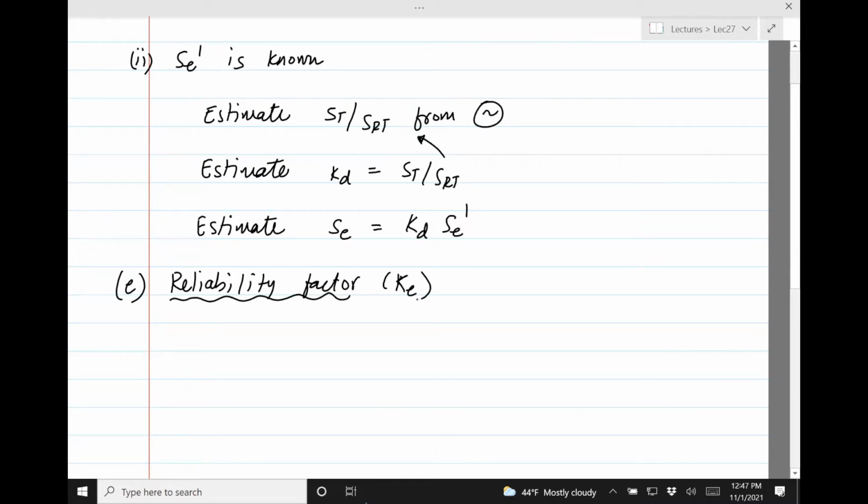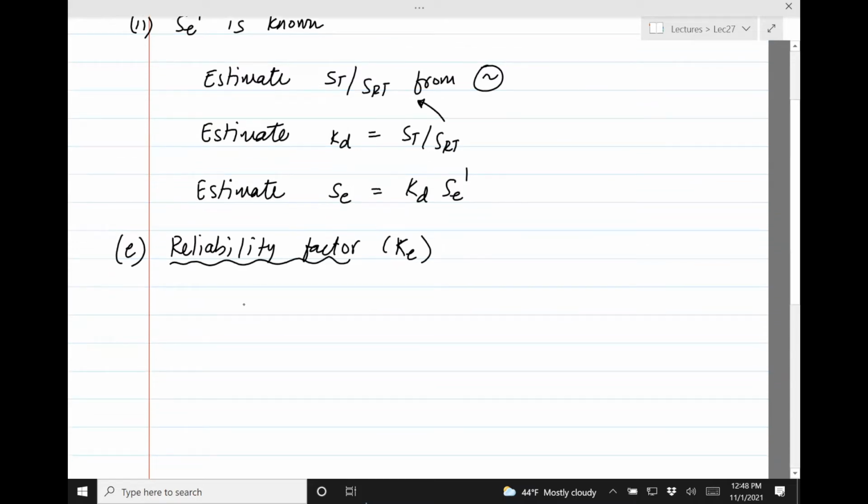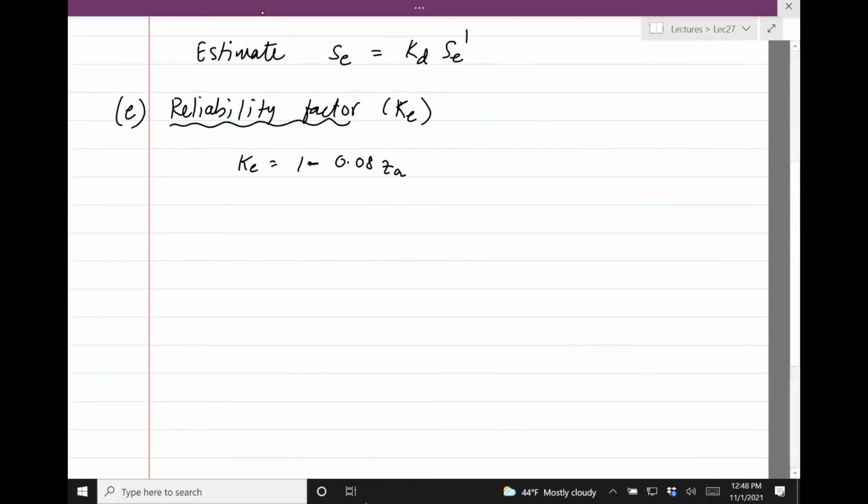Now, reliability is something which you know in advance, right? When you machine a part, it's produced in such a way that it is reliable to 99% or 99.99%. So given that information, you can predict the KE. It's 1 minus 0.08 ZA. And what is ZA? It comes from this table.